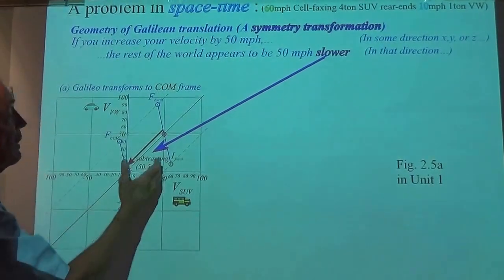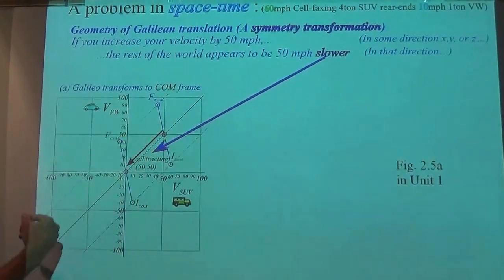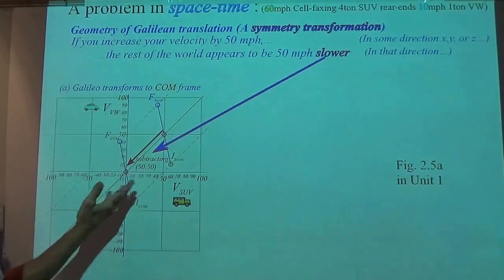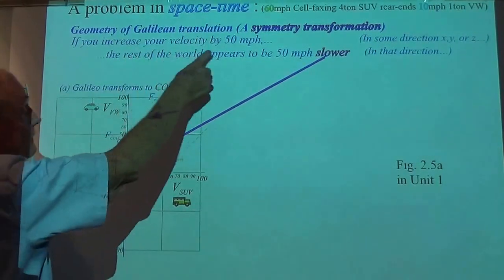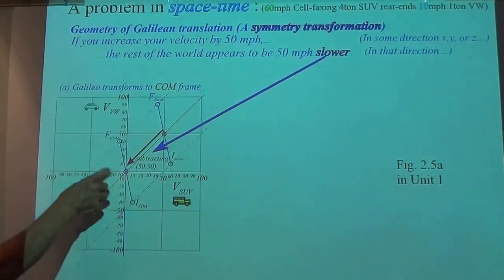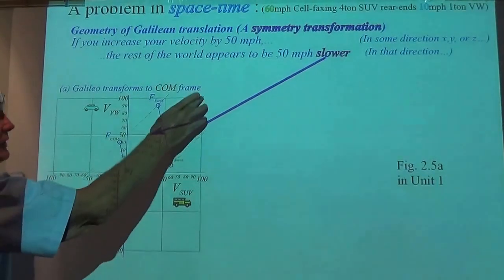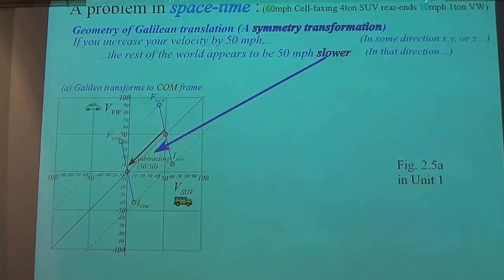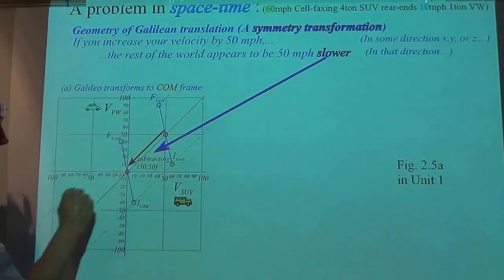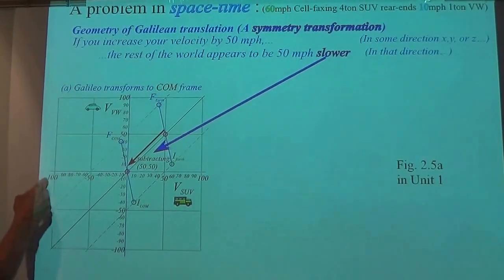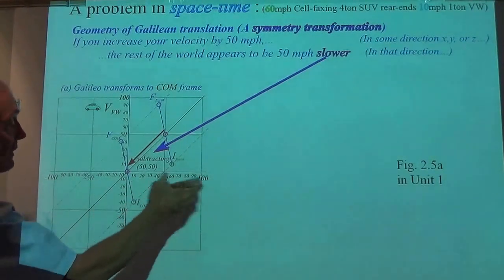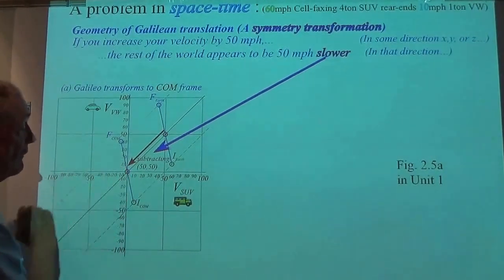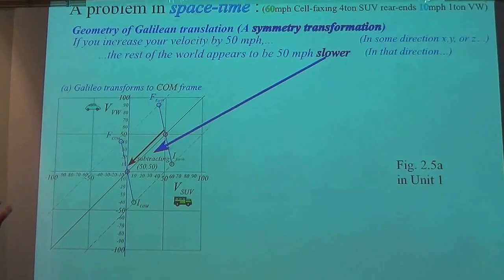I have, by subtracting the velocity from both of them, and I have to do that if it's me doing the motion, I have to subtract it from both of them. That means I have to come down the 45 degree y equal x line to the origin here. Okay, if this is minus miles per hour and that's plus in the frame of this thing we call the center of momentum. You're going to see this COM all over the place as we discuss this.